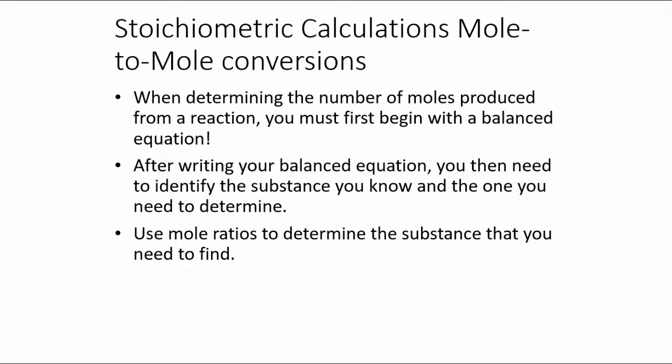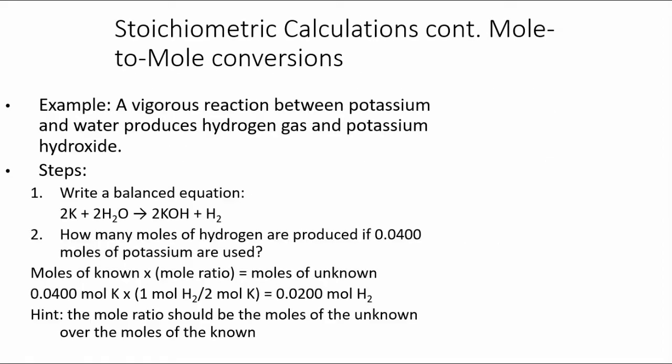So pag tinignan natin, halimbawa, we're given a skeleton equation of a reaction. So ang una natin titingnan, tama ba or balanced ba yung ating equation? Next is, after you write the balanced equation, you need to identify the substance you know and the one you need to determine. And you will use the mole ratios to determine the substance that you need to find.